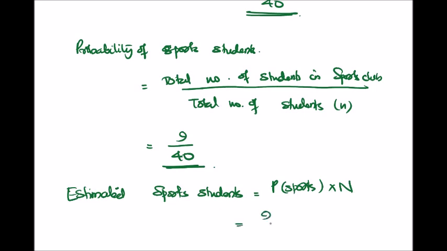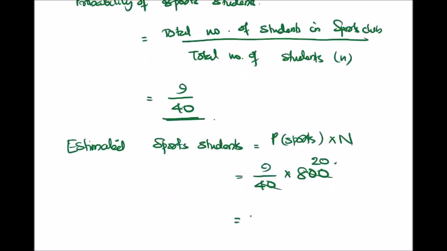That's equal to 9 by 40 into 800. That's equal to 9 into 20. That's equal to 180. So total number of estimated students from the sports club in the school is 180 students.